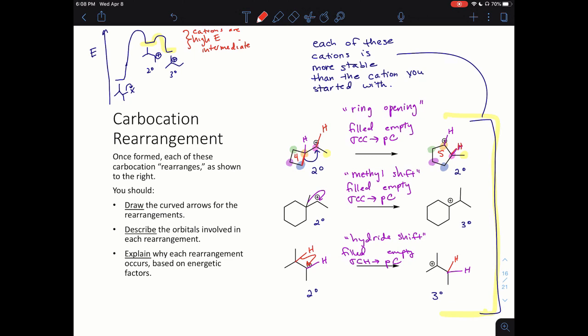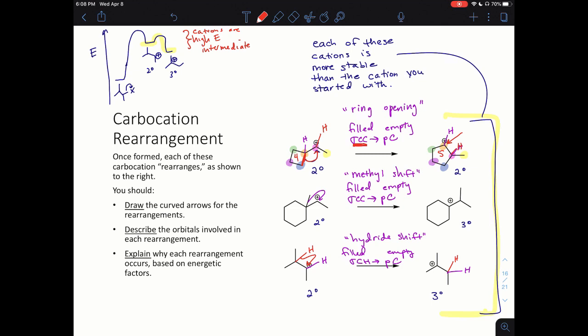The electrons in this sigma C-C bond have moved over and made a bond with the pink carbon. So the blue carbon no longer bonds to the peach carbon; it bonds to the pink carbon. When it does that, you end up with an unfilled octet on the peach carbon, and so this is your carbocation carbon.